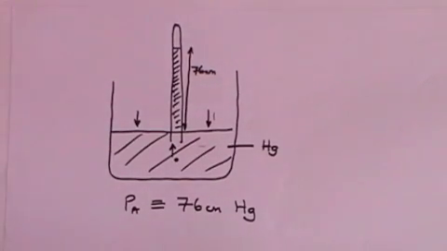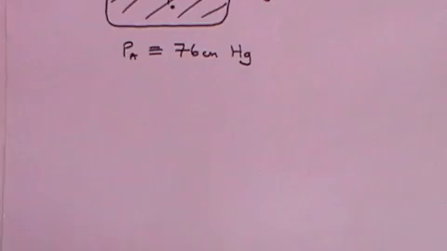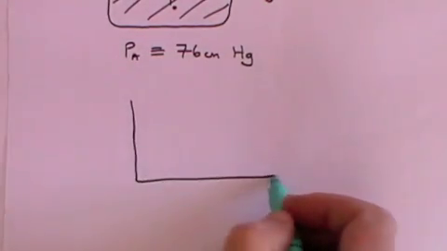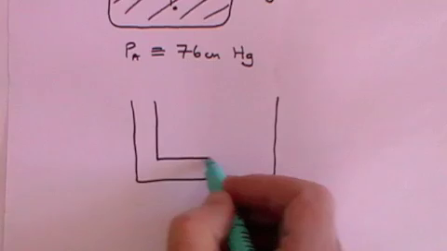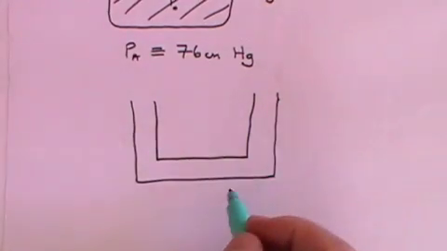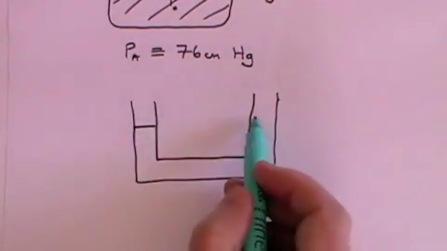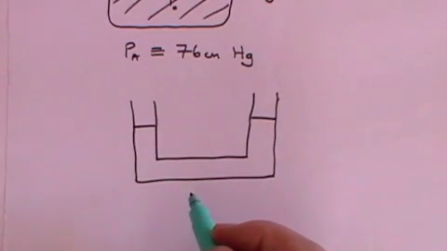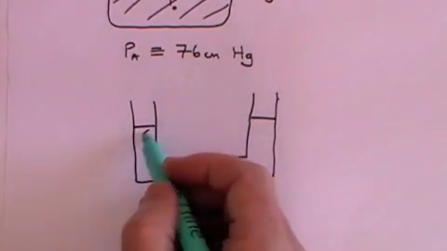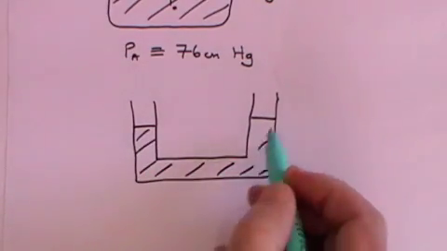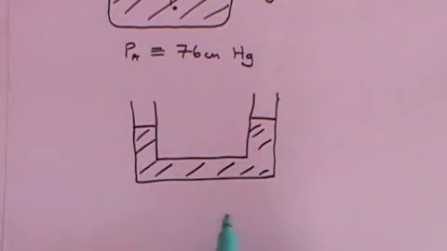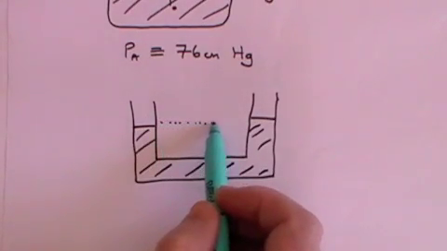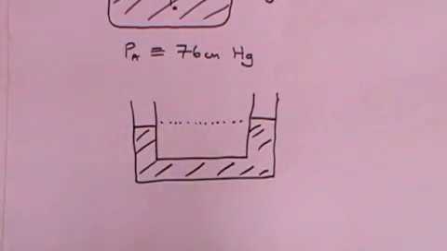You can use the principles of fluid dynamics to calculate the density of an unknown fluid. Let's take a system that looks like this. We have a container, and we fill it with a fluid whose density we know. Let's say it's water. Well, the water will lie in such a way that the height in both of these arms will be the same.